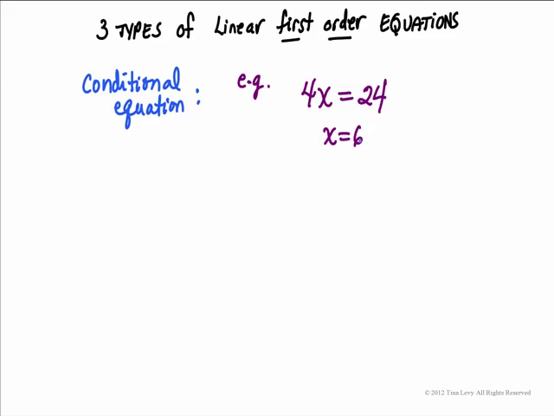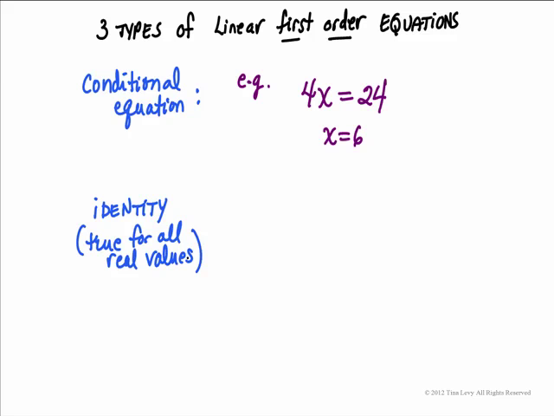We have another type of equation. It's called an identity. And the thing with an identity is it's true for all real values. That's what an identity is. An example of an identity might be this: 2 times x plus 3 is 2x plus 5 plus 1.